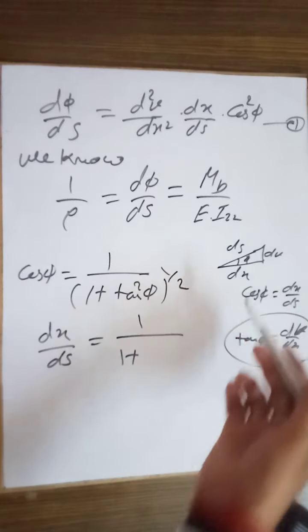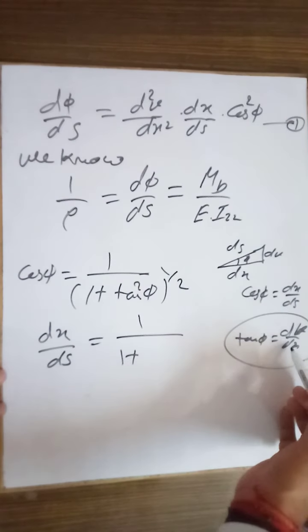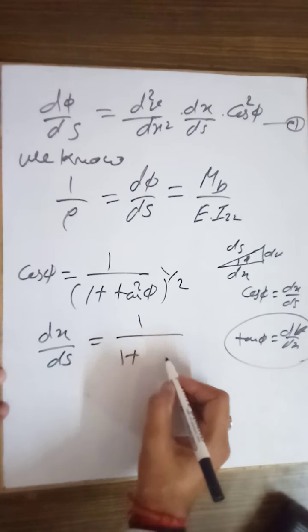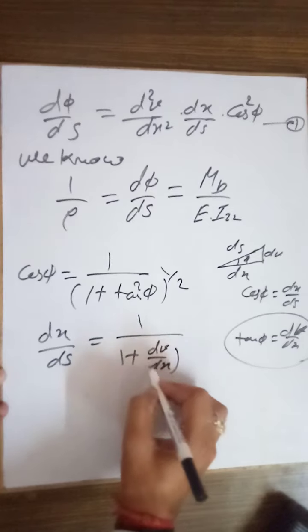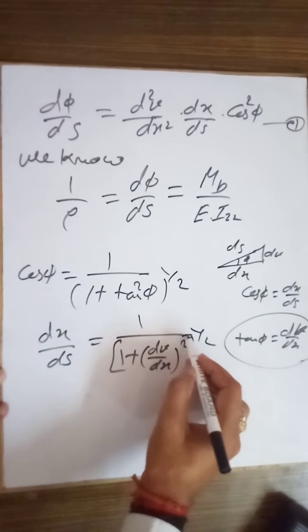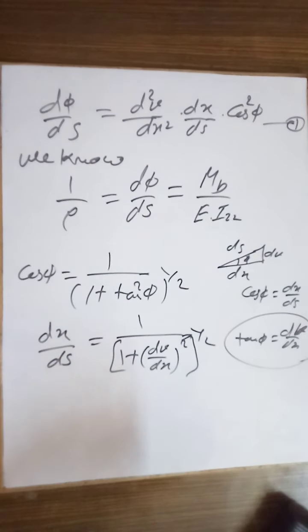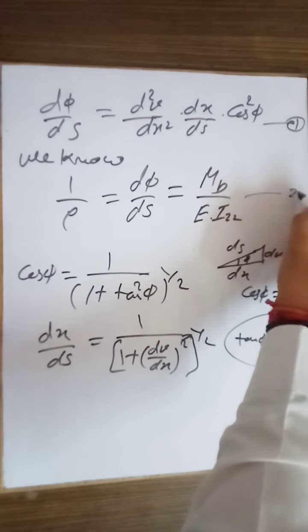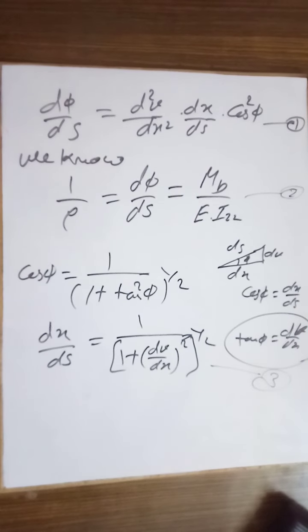Here also you can see in this diagram. So you can write here the value of dv by dx, so what exactly it is: (1 plus (dv by dx) square) to the power 1 by 2. Okay, like this we can say. And let's say this was equation 1, this is 2, and this is our equation number 3.